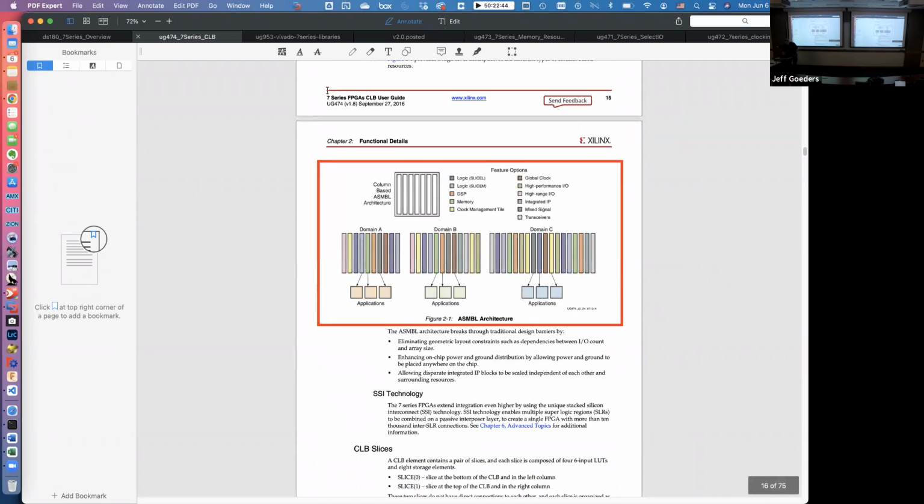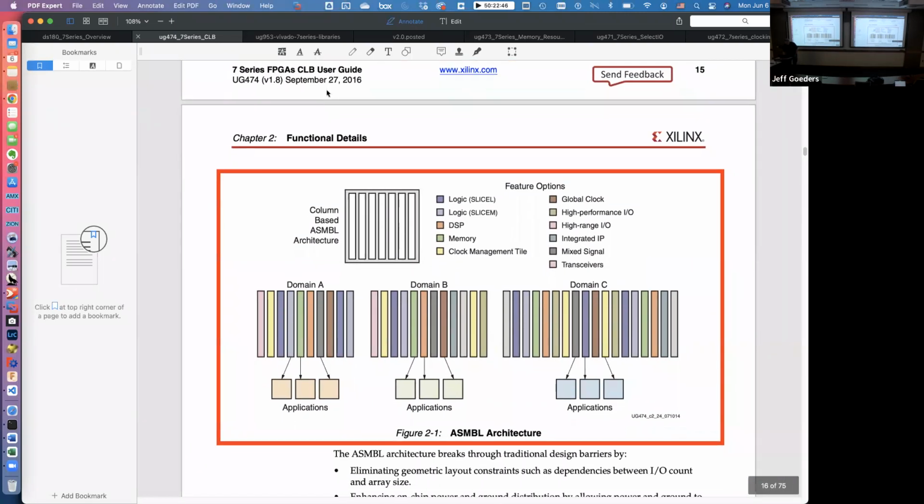There we go. I wanted to show you this. Xilinx themselves have coined a term called the ASMBL architecture. What these colored things are intended to show is that for a given FPGA, within a given column, all of the circuitry is of the same type.